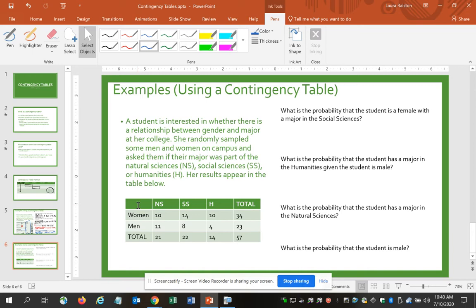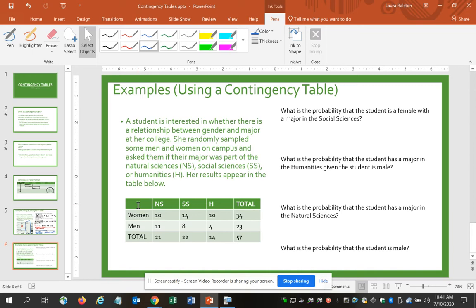This one says, a student is interested in whether there is a relationship between gender and major at her college. She randomly sampled some men and women on campus and asked them if their major was part of the natural sciences, social sciences, or the humanities. And her results appear in the table below.